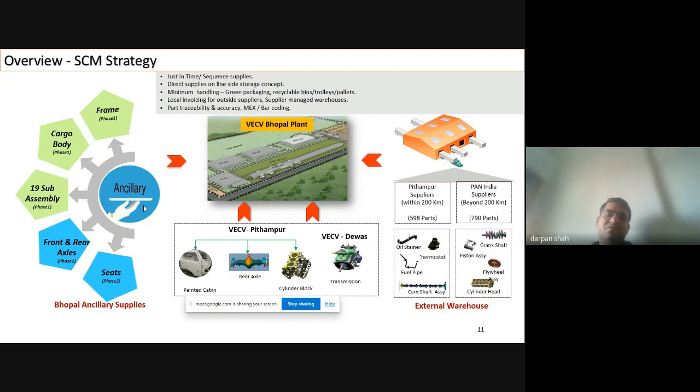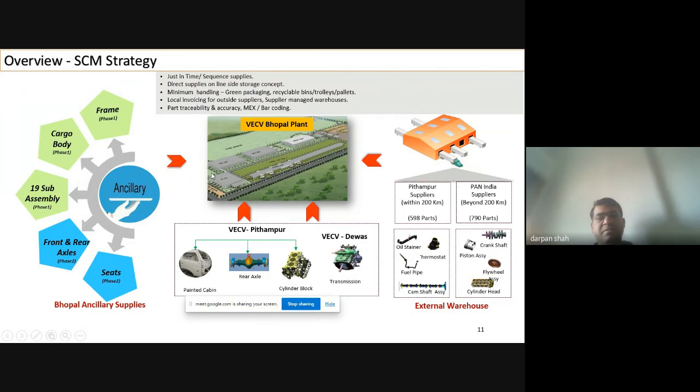So basically to have less transportation time, to have fewer handlings, to ensure that whatever is required is not stored in over quantity, like overproduction is not done. Only the required quantity is supplied to the assembly line.